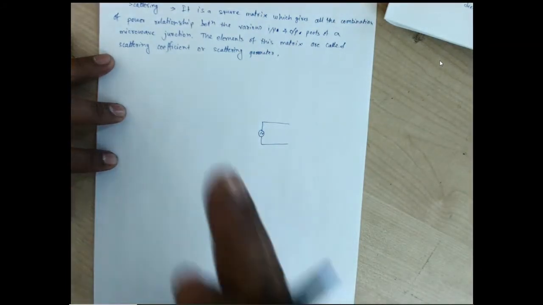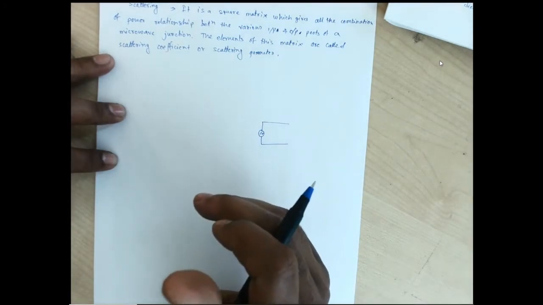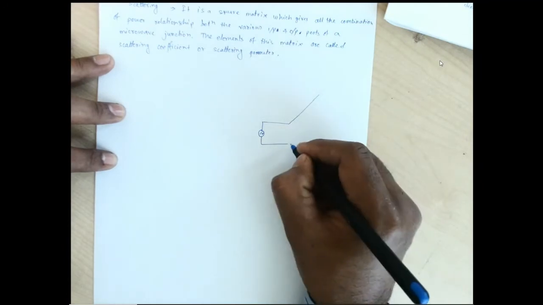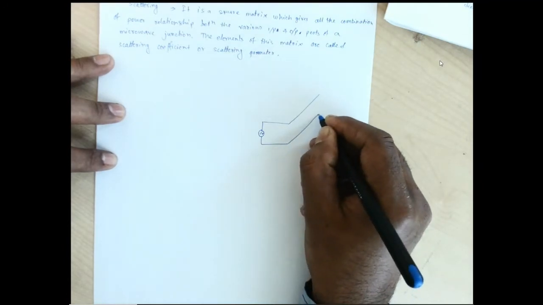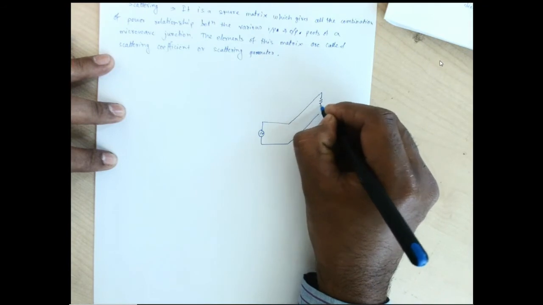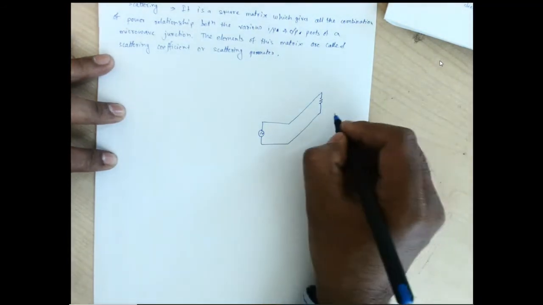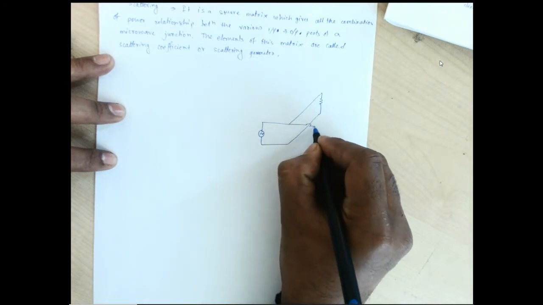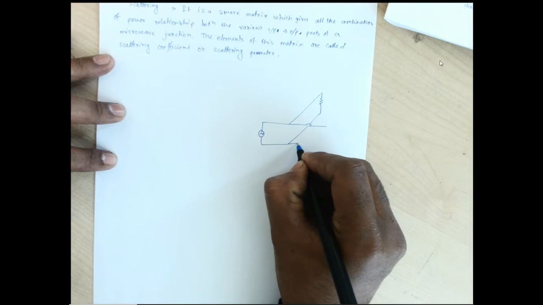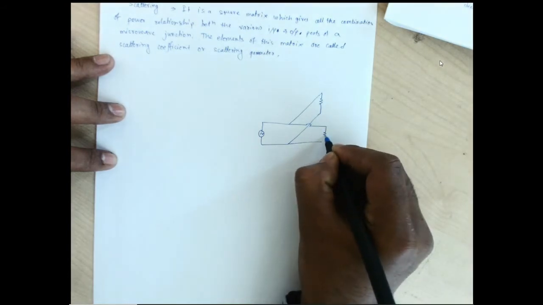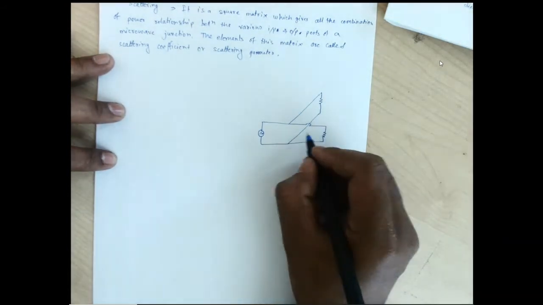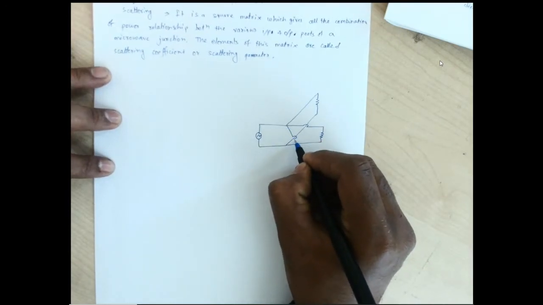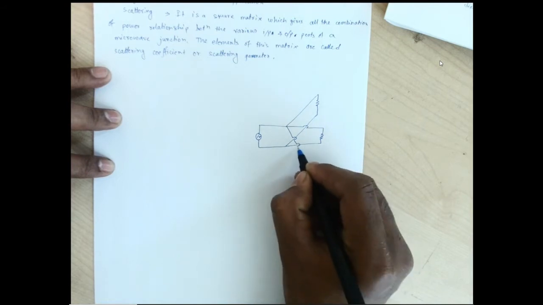What does it mean? This source will serve the different loads. One load, another load, and in this way we can have some other loads.